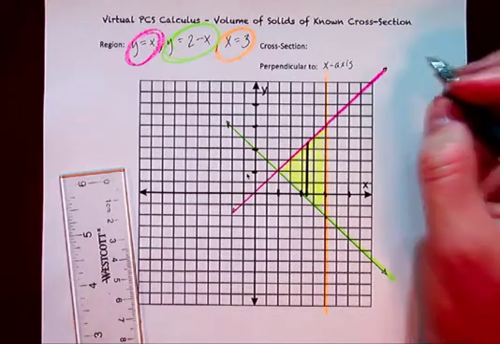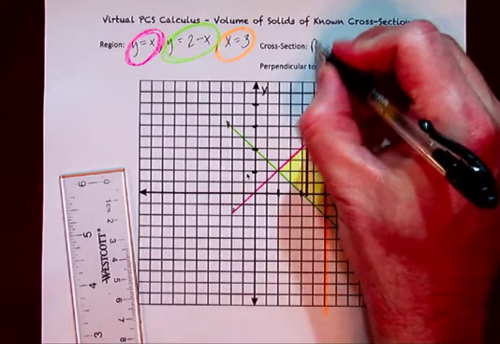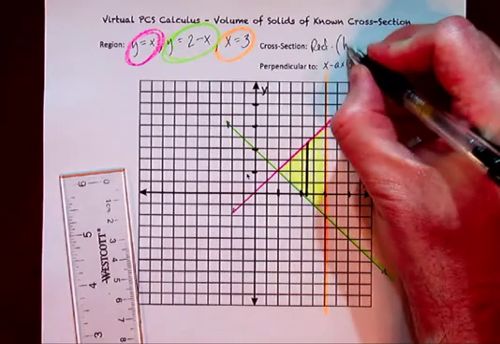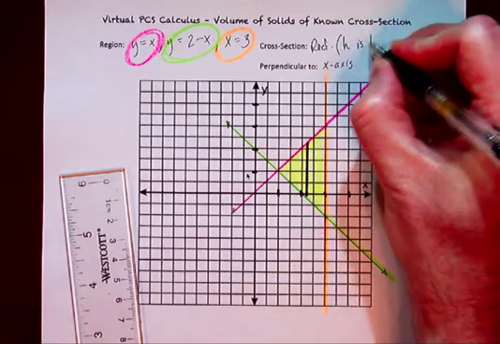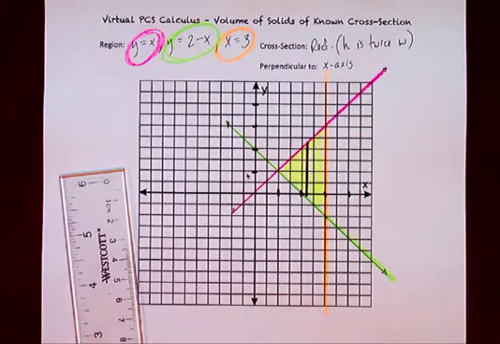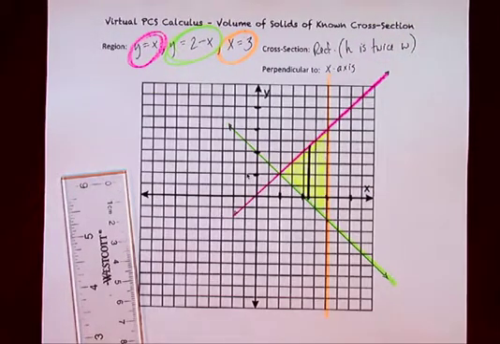And I want my cross sections to be rectangles. And this one, the height is twice the width. And every time you have rectangular cross sections, you'll be given some type of information like this.